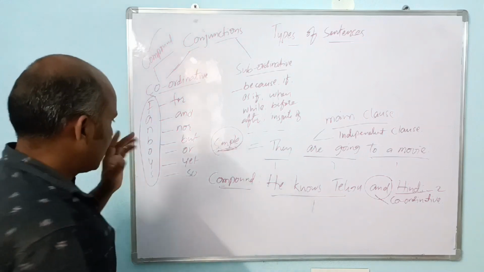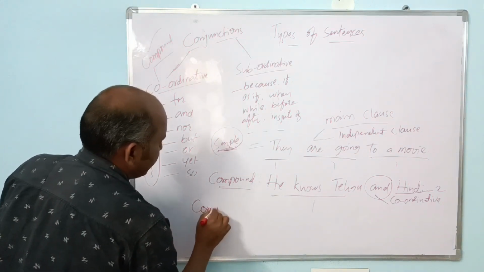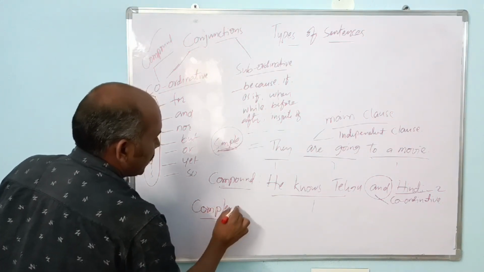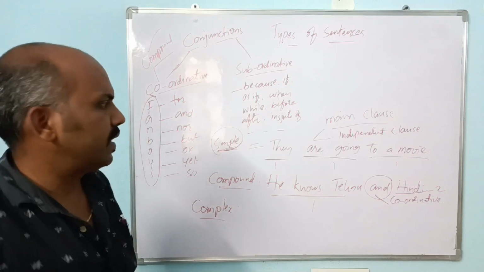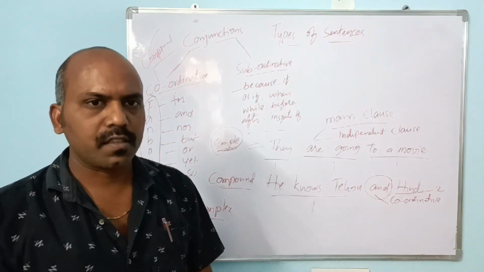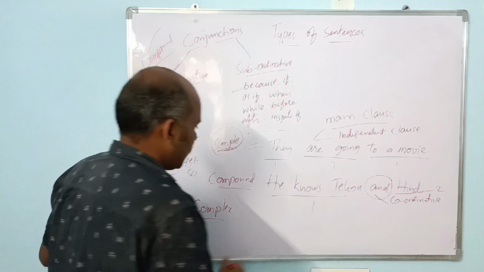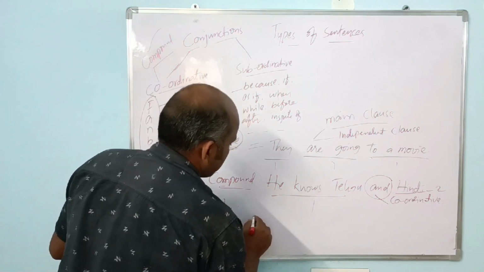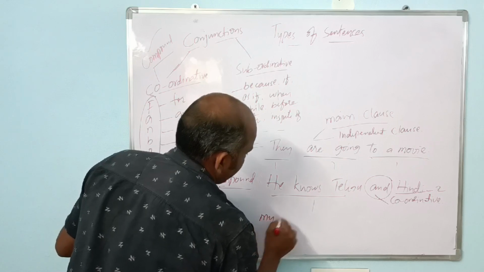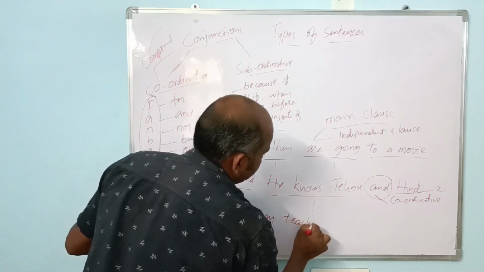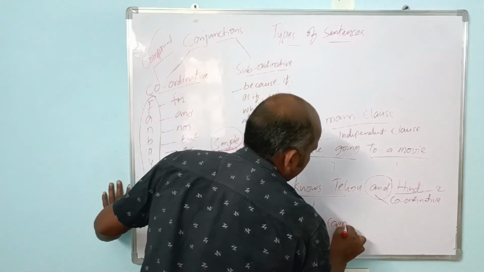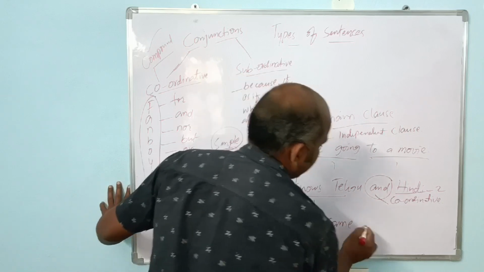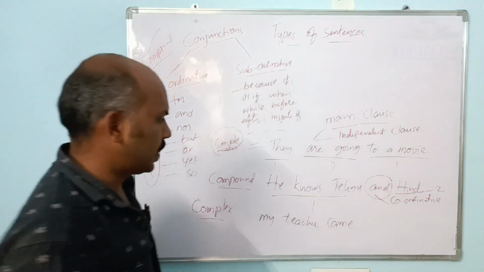Now come to complex. Complex sentences also need simple sentences. Suppose I write: my teacher came is one simple sentence.